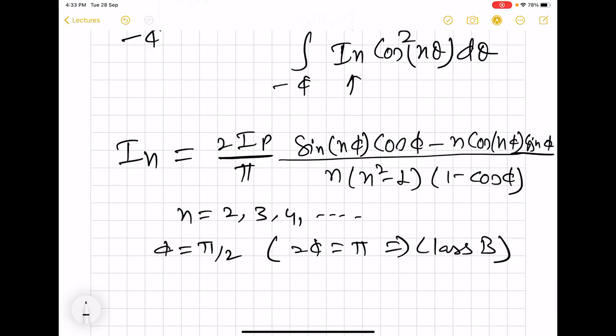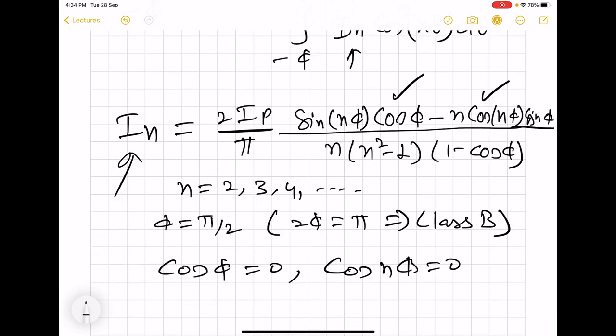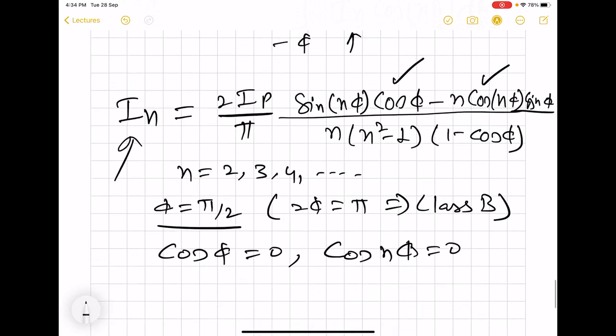So here we can see from the previous equation that cos phi is going to be 0 because phi is pi by 2. Similarly, cos n phi, which appears here, is also going to be 0. So we see that both the terms in the numerator become 0 for phi equal to pi by 2, and n odd, for n equal to 3, 5, 7, and so on.